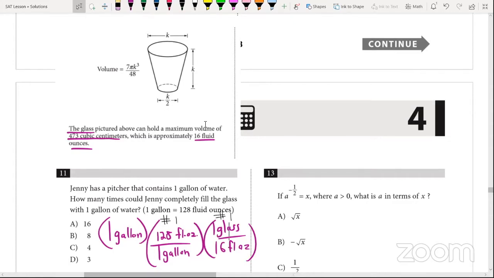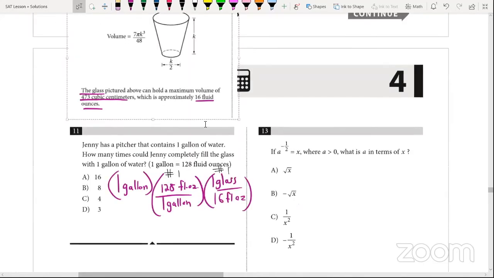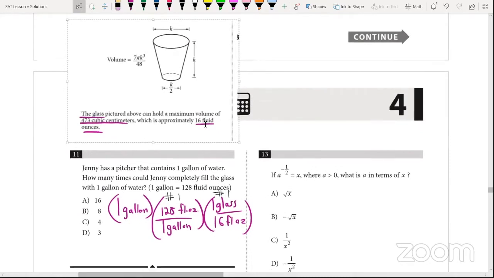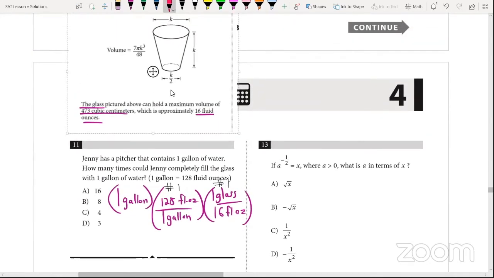So now we've got a situation where our units will be canceling away. So we have gallons canceling with gallons, fluid ounces canceling with fluid ounces, and the only unit left is gallons.